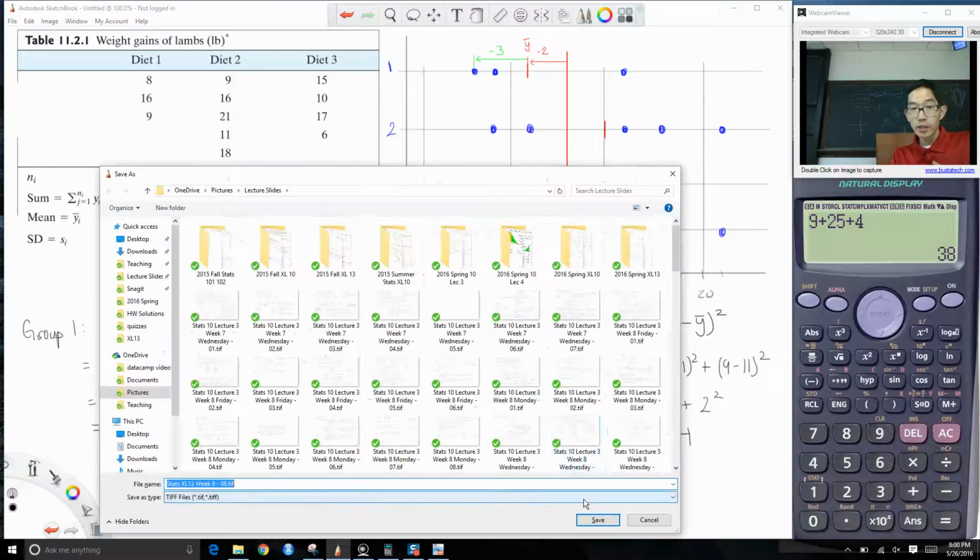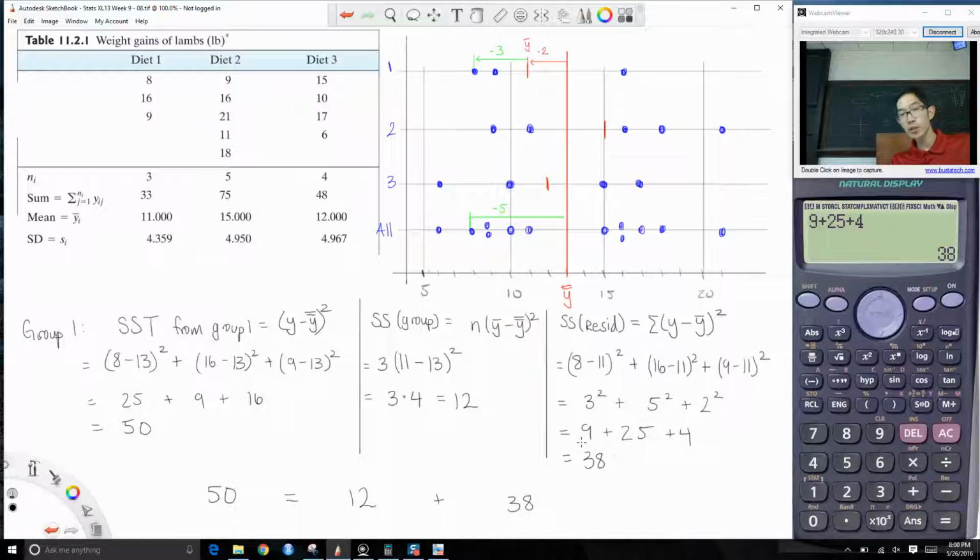Now, this sum of squares residual requires that we have the individual data points, and oftentimes they might not be provided to us. And so there's a workaround if we don't have the individual data points.